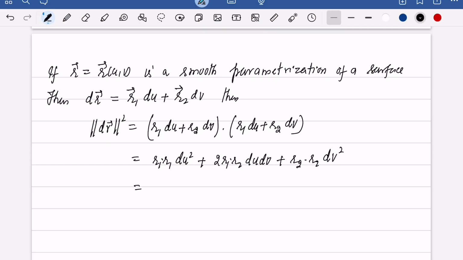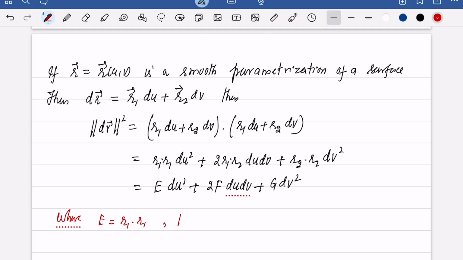And this is then expressed in the form of the scalars E du square plus twice F du dv plus G dv square, where E is defined as r1 dot r1, F is defined as r1 dot r2, and G is defined as r2 dot r2.